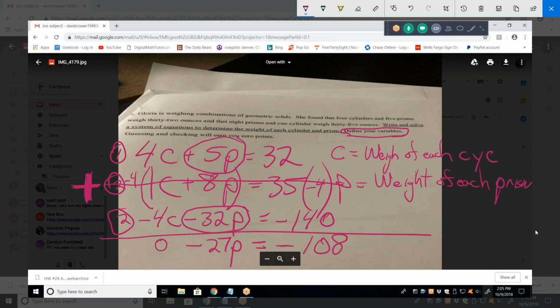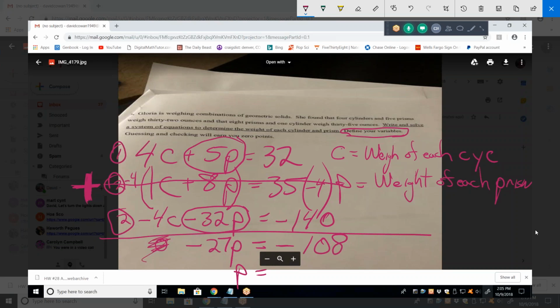Now finish solving that algebra equation. What's p equal to? So you would just divide negative 27 from both sides? The 0 goes away. You don't need to pay any attention to that.